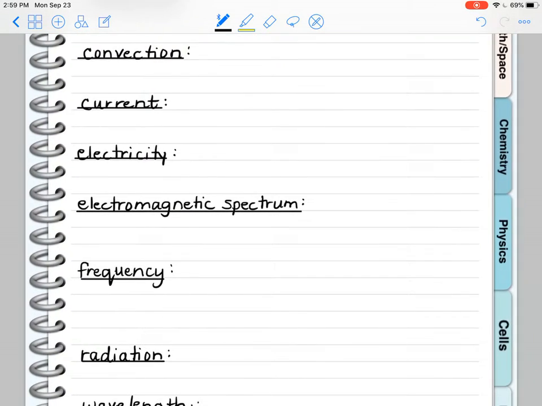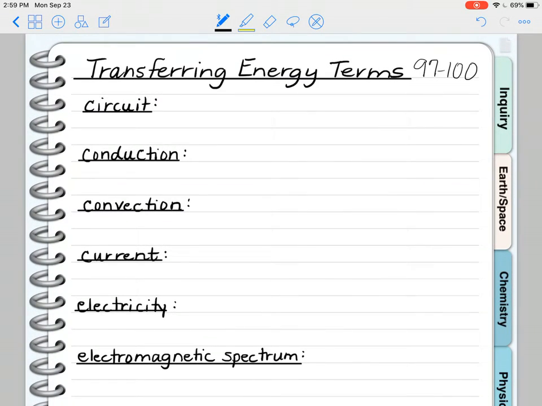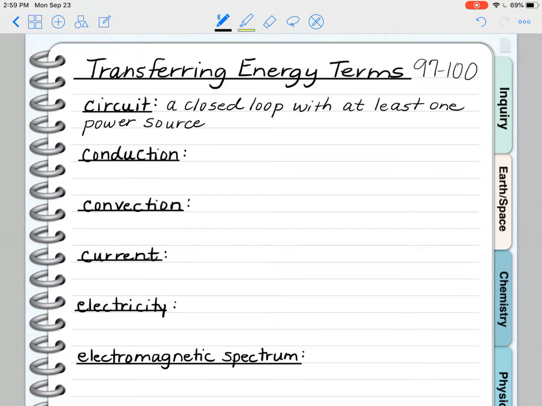So a circuit, let's start out with that word. A circuit is a closed loop of energy, I could say, with at least one power source and one device connected by wires.